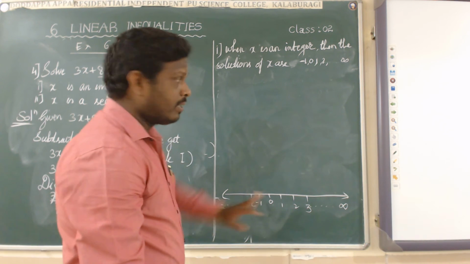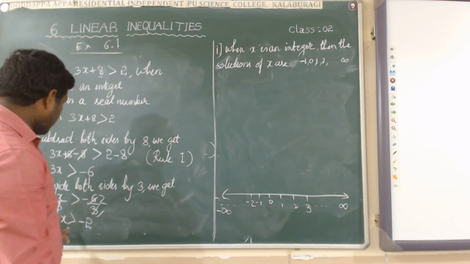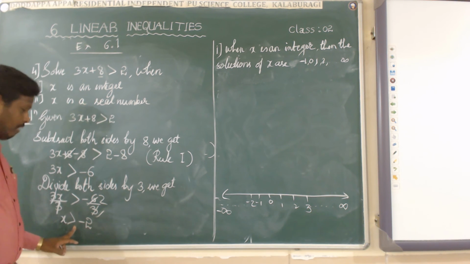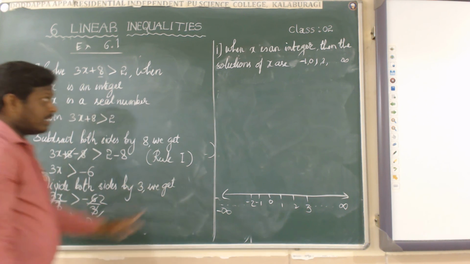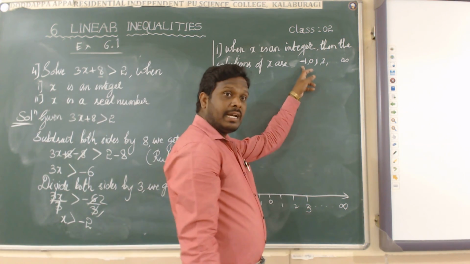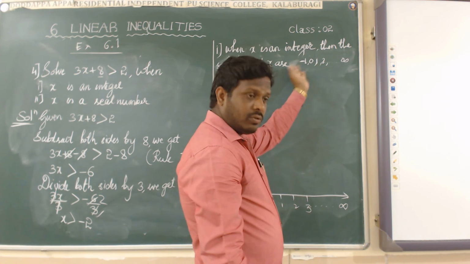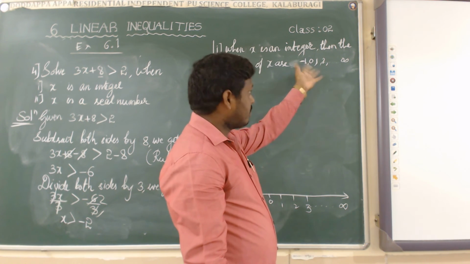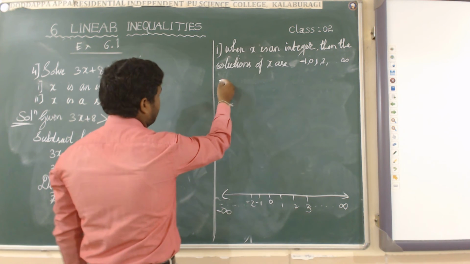Getting my point? The values of x when x is an integer, by using this statement x is more than -2, are -1 in integers, 0 also, 1 also. Very simple. Now I am writing this in a solution set.